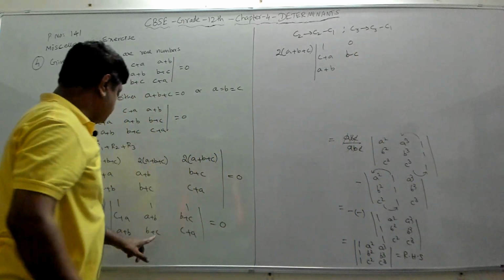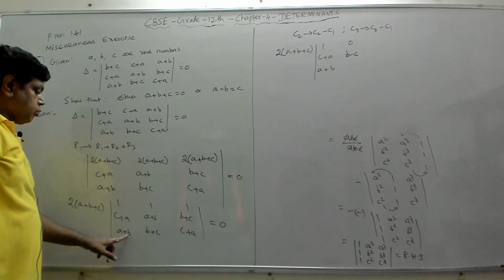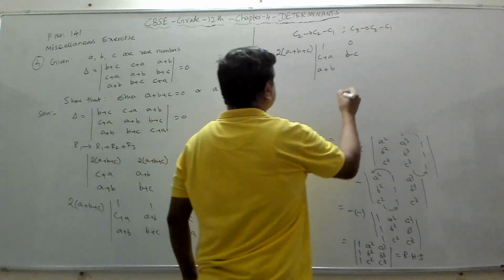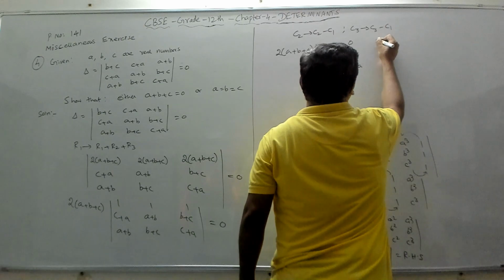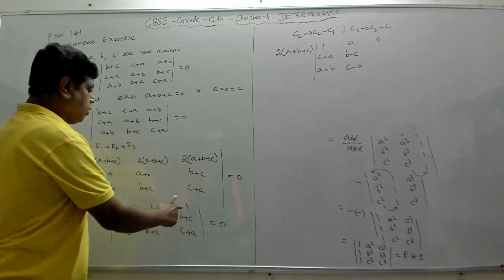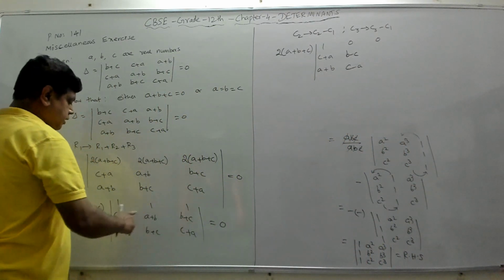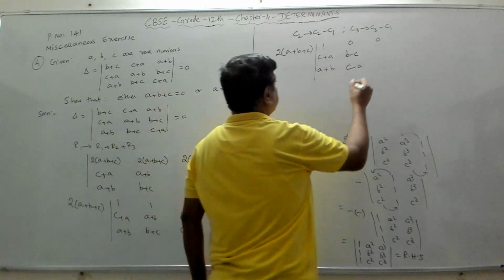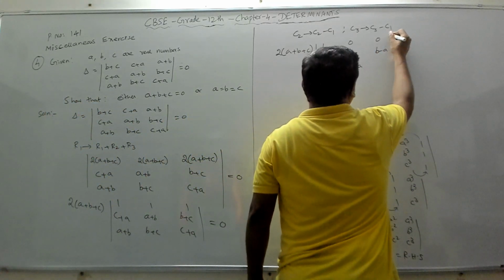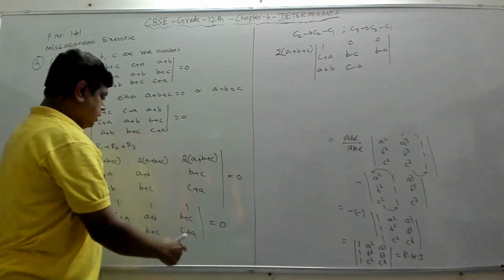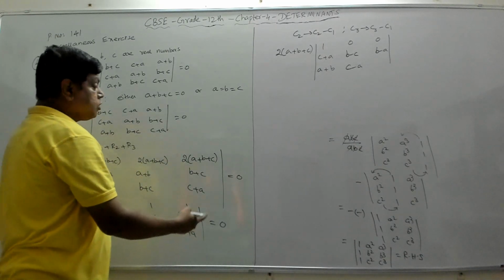Then b plus c minus a plus b: b and b will go, we get c minus a. Then again C3 minus C1 is 0, 1 minus 1 is 0. Then b plus c minus c plus a will give you b minus a. Then c plus a minus a plus b will give you c minus b.